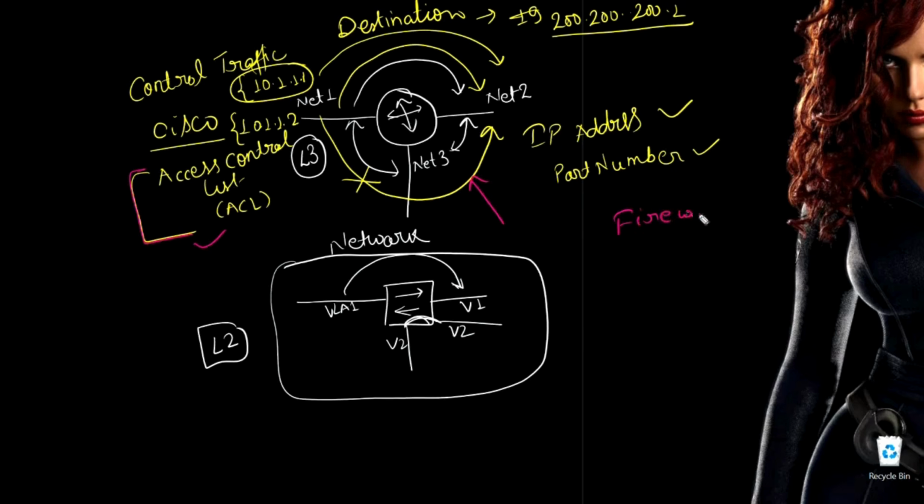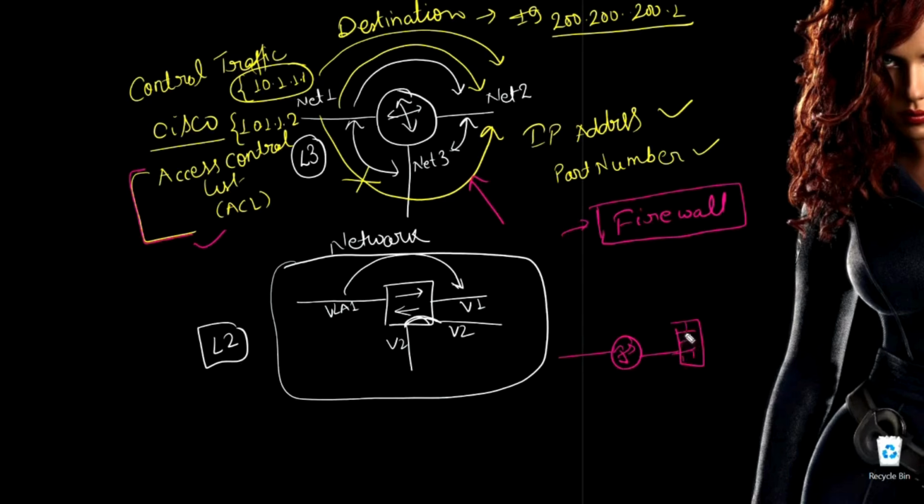Let the router do its own job, that is forwarding of the packets based on the routing table from one network to another network, and this filtering part, the controlling of the traffic, let's do it via a firewall. So what we do is implement a router here. After the router, we install a firewall.